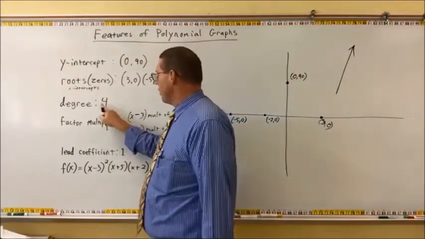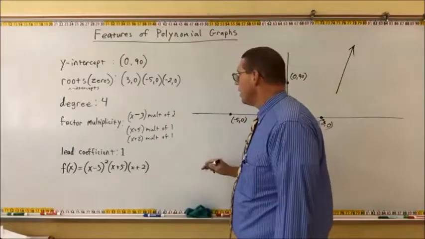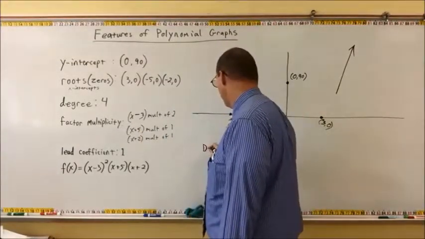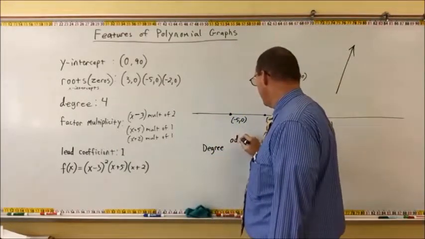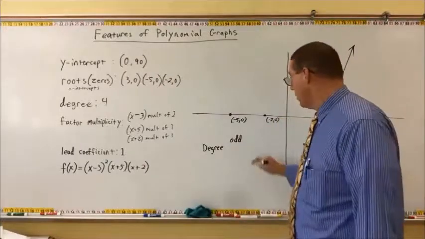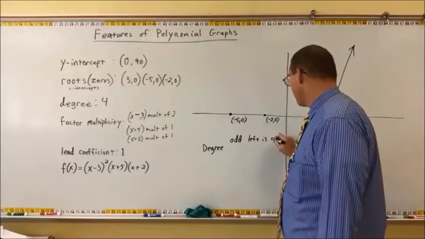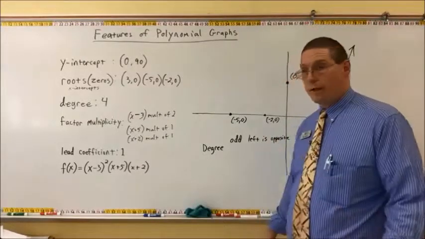Now the degree. The degree is interesting. We care about whether it is even or odd. If the degree is odd, then the left side is opposite of the right.